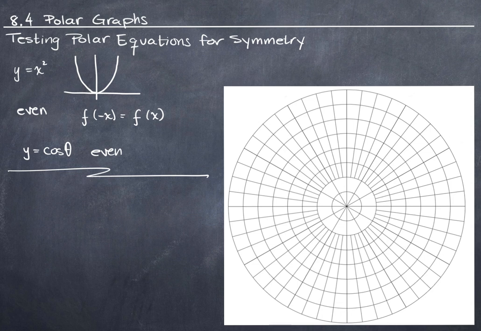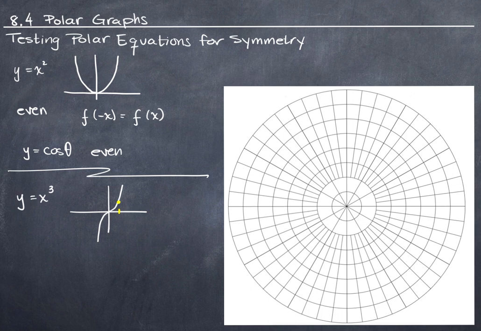We also have something called odd symmetry or odd functions. An example in algebra is y equals x cubed. That graph looks something like this. Okay, let's pick a point on this graph. This x value is a positive one, because it's to the right of the y-axis.